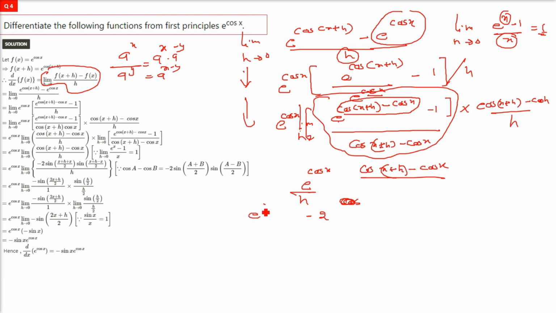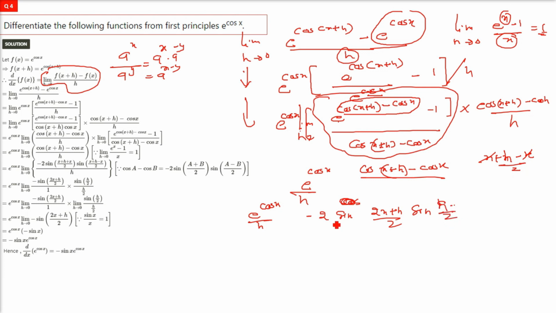So I'm writing minus 2, then sin((a+b)/2). What is a? x plus h. What is b? x. So x plus h plus x, that is (2x+h)/2. Then we have sin((x+h-x)/2). x plus h minus x is going to give you only h, so you get sin(h/2).